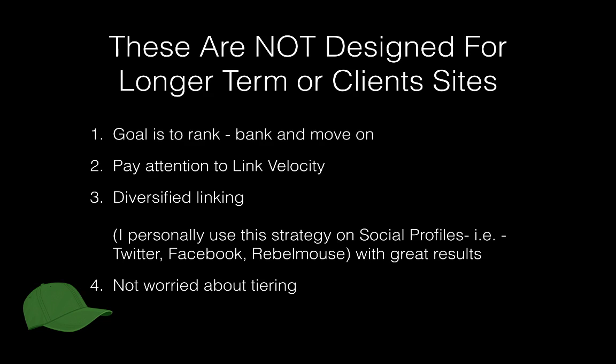But if you're wanting to rank for the money keywords that are actually going to make you something, you want to keep your anchor text a little tighter knit than that. You want a good diversification of your links, but you don't want to spread yourself so thin.